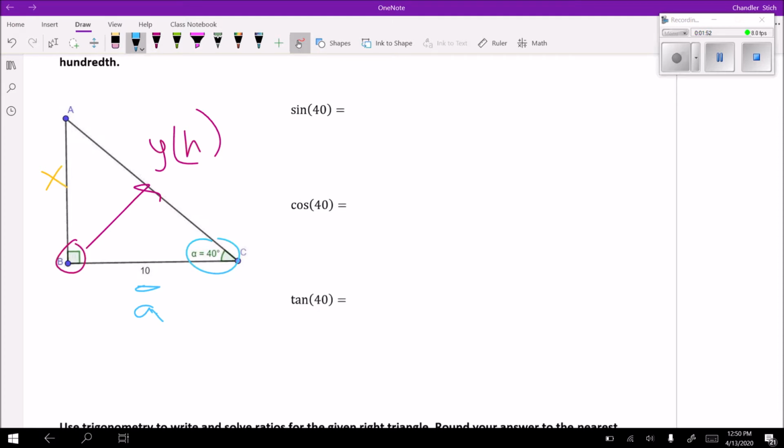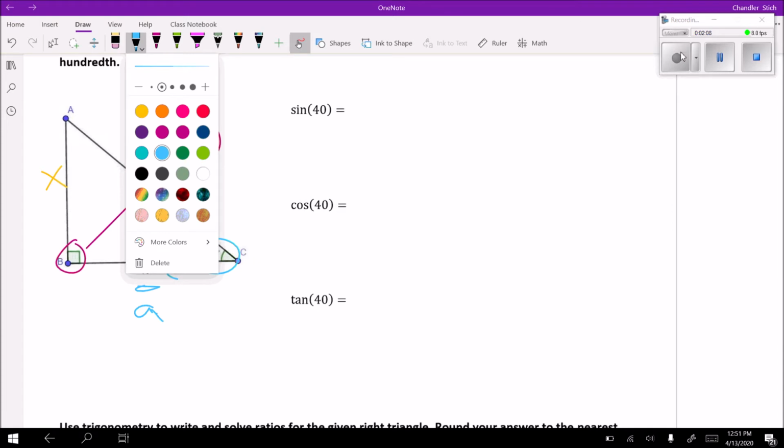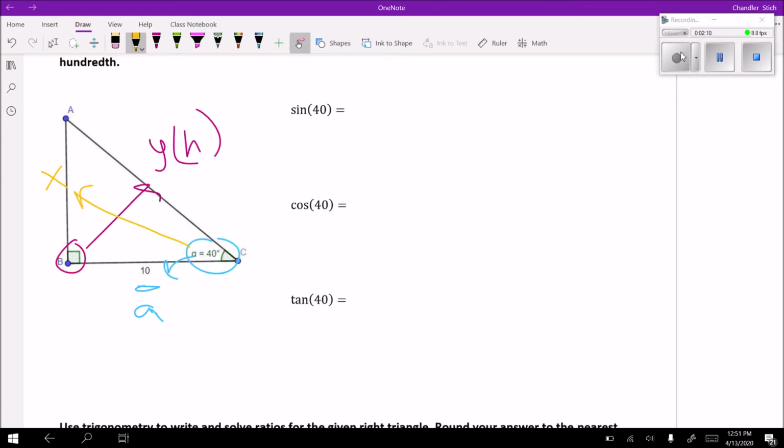I also know that the opposite from my angle would be opposite, or O, which means I'm left with the adjacent over here. So this side would be opposite, or O, and then adjacent would be right next to the angle that is not the hypotenuse, which would be that one.